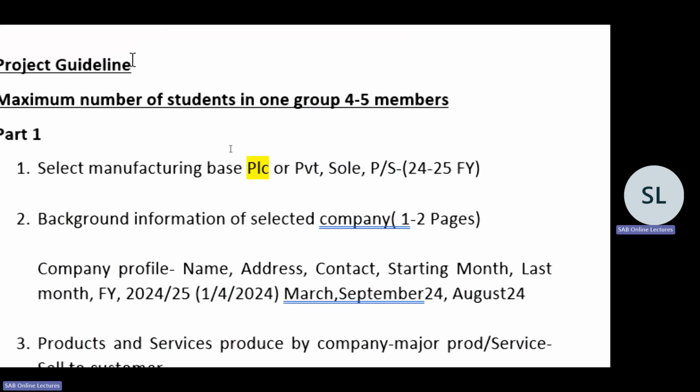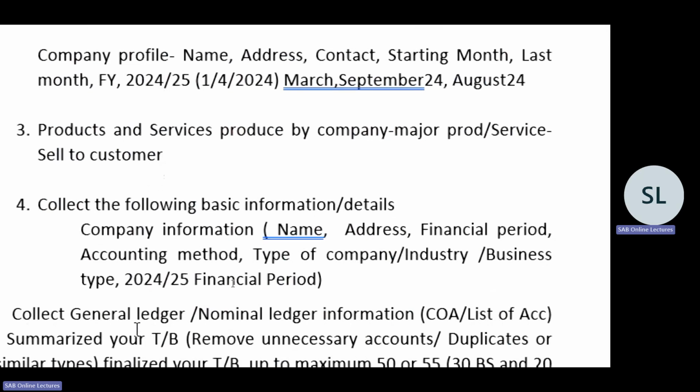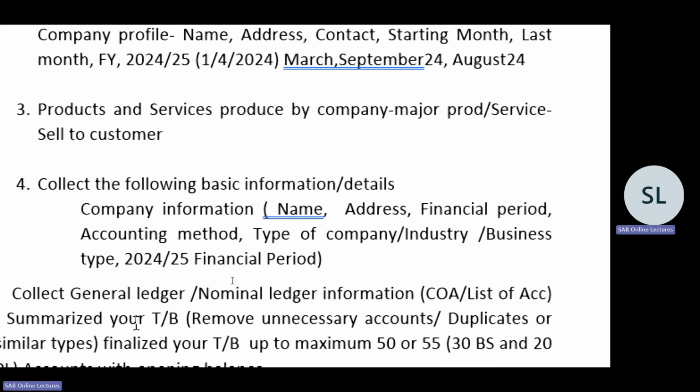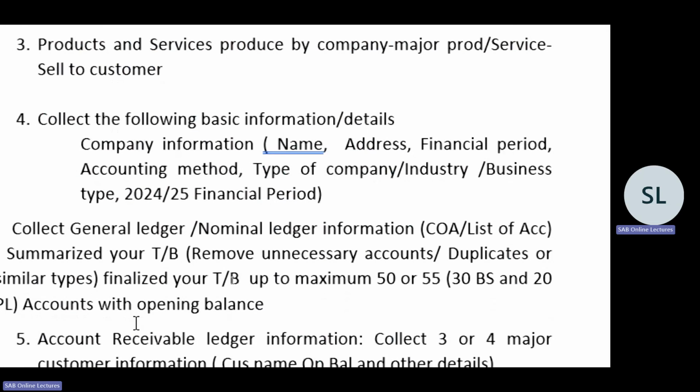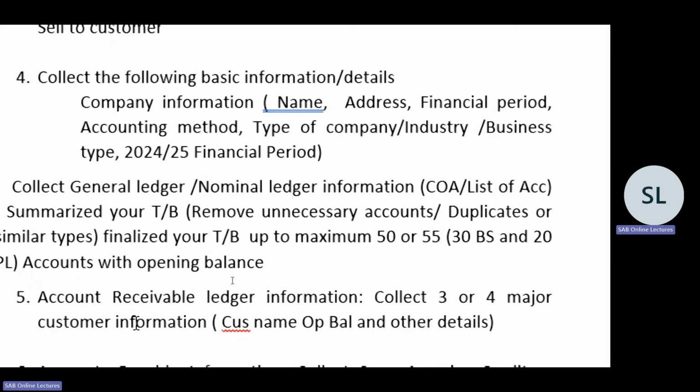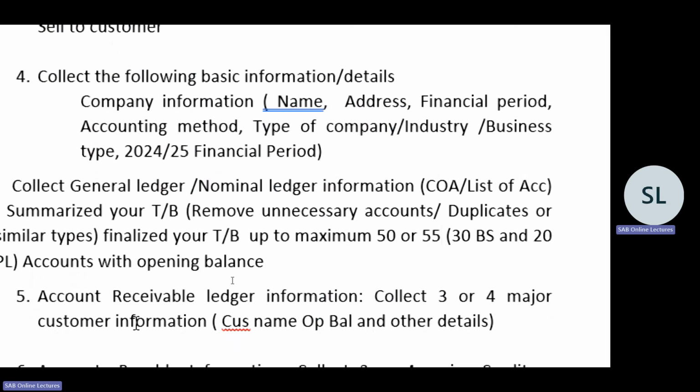Then we will conduct the first presentation with these details in the Word document. Then if you have completed these details properly, permission is given to you to enter them into this MYOB system. Then we will start the second step. If you do not successfully complete step number 1, I will not permit you to do step number 2.